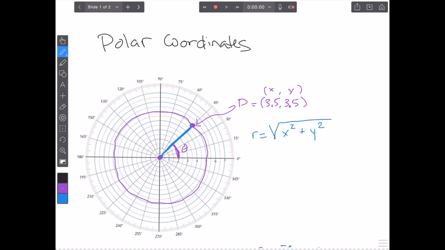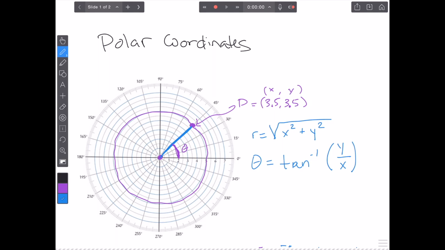We usually call this theta. So we also have a value theta, and we can define theta as the inverse tangent of y divided by x.